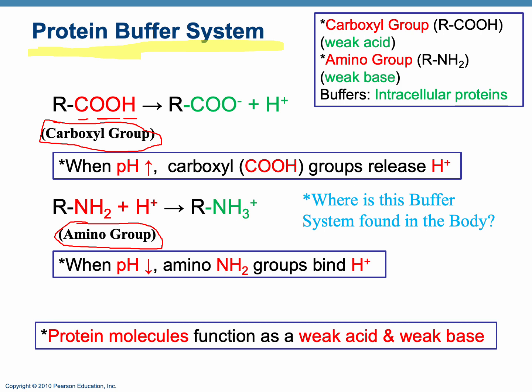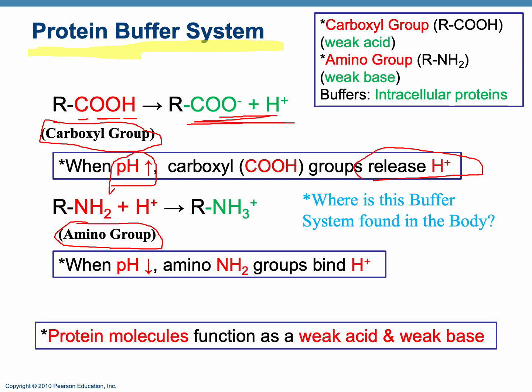How this works then in a situation where maybe the pH is increasing in the blood, the carboxyl group, ultimately the response, if the pH is becoming more alkaline or basic, the carboxyl group then releases the hydrogen ion, hence what we're seeing in this picture here as a response. And by doing so, that helps to get the pH back to a normal level.